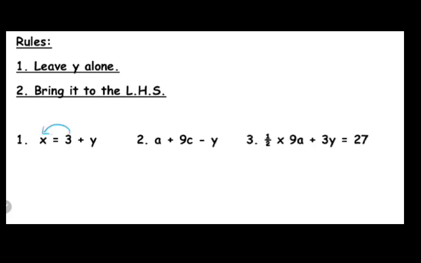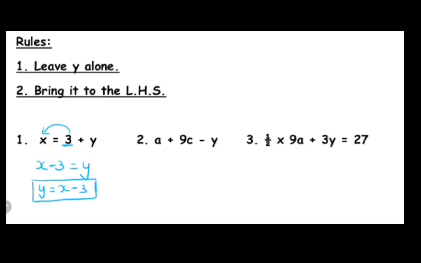So when sides change, the positive becomes negative. So this becomes x minus 3, which is equal to y. So y has been left alone, and then we need to bring y on the left hand side, which means y is equal to x minus 3. Understood, children?